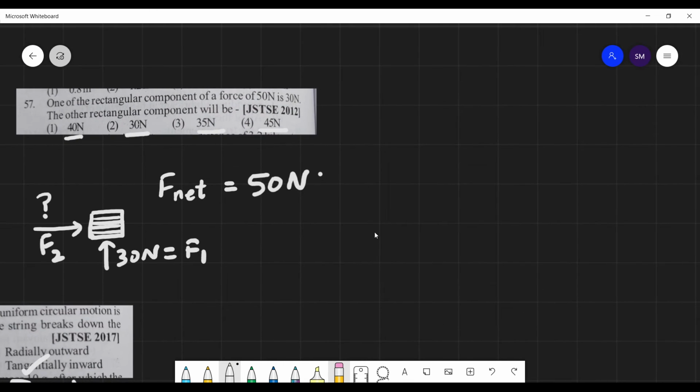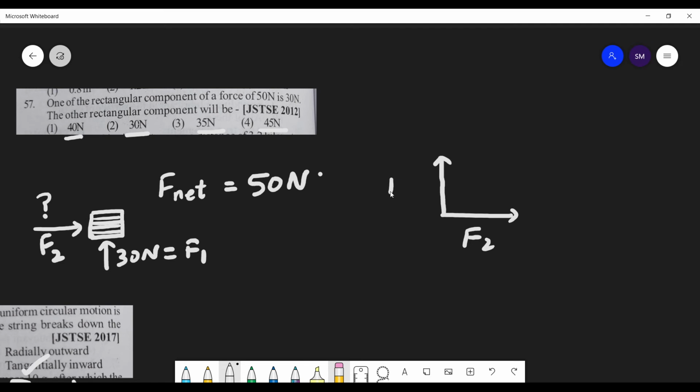So, students, one force is acting in this direction that you have to find, that is F2, and one force is acting in this direction, that is F1. So F1 is 30 Newton. I told you how to add these two forces, F1 and F2.